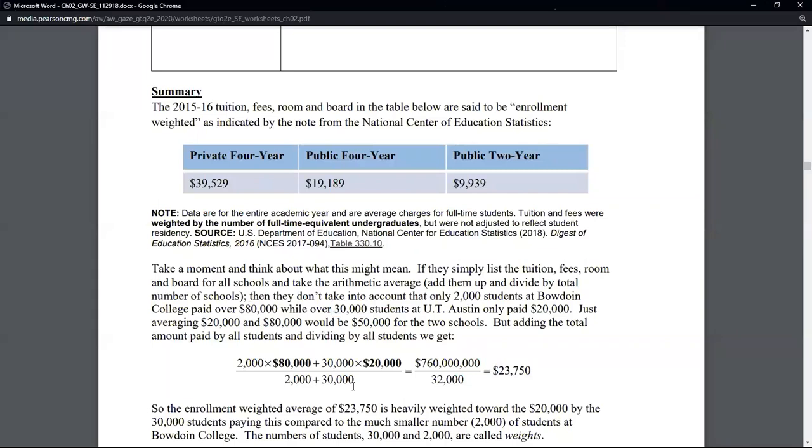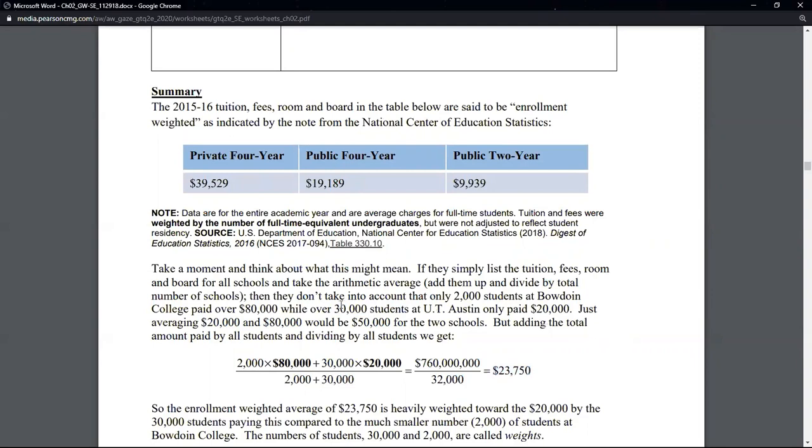This is where you might make mistakes initially. So if you did 80,000 plus 20,000, you get 100,000, and ultimately you'd get an answer that wouldn't make sense. So the weights, the number of students, is what makes the prices tend more towards them in the average. So 2,000 plus 30,000, you do the math, you end up with 32,000.